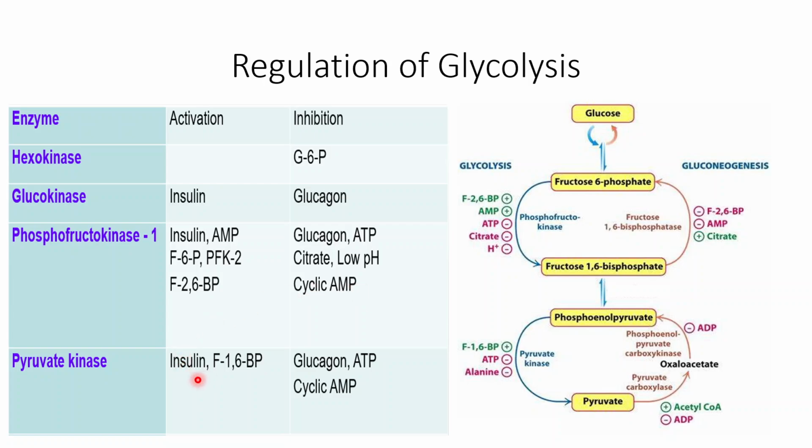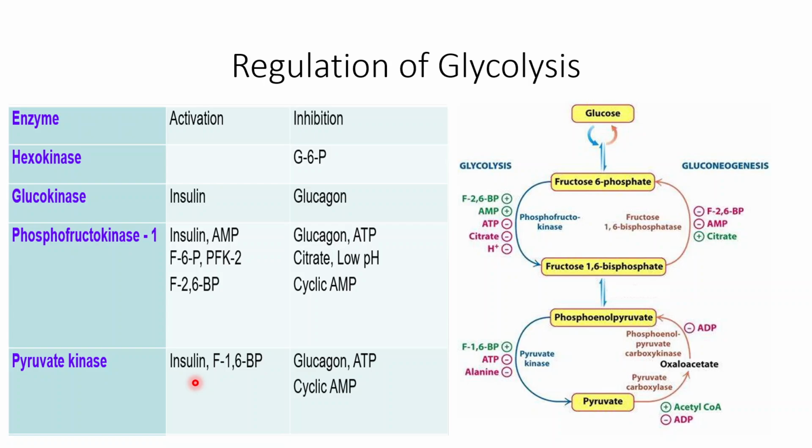Coming to pyruvate kinase, again it is activated by insulin and fructose 1,6-bisphosphate. This insulin again acts at two levels. At the genetic level, it increases the transcription of pyruvate kinase, or in other words, causes induction of the gene of pyruvate kinase, so it activates pyruvate kinase.